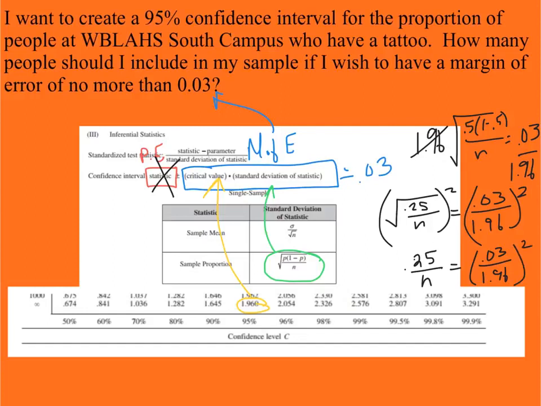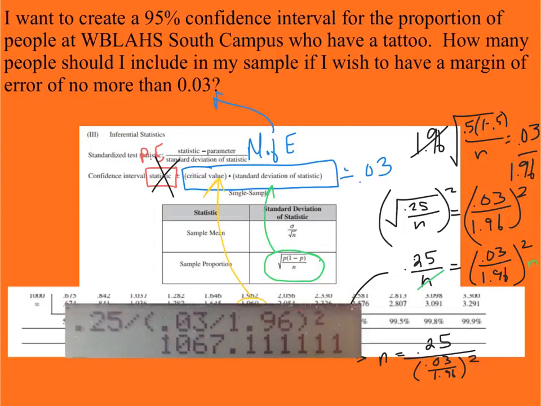I would multiply both sides by n and then divide by this number here, 0.03 over 1.96 squared. So in the end, n is going to be equal to 0.25 divided by 0.03 over 1.96 squared. Then we type that in.